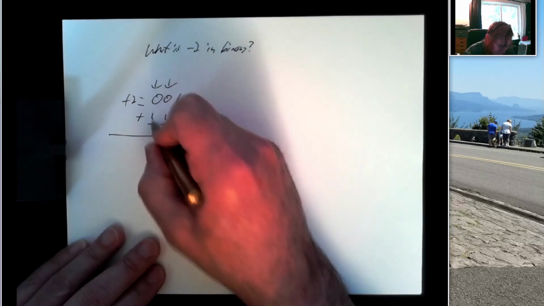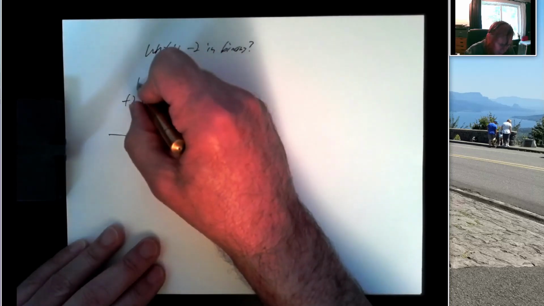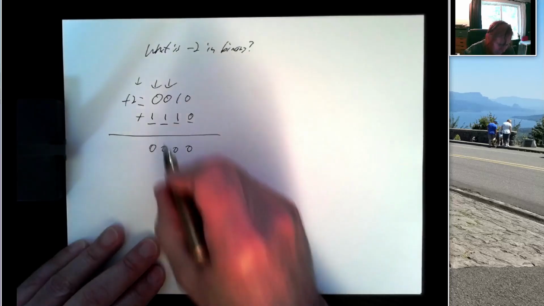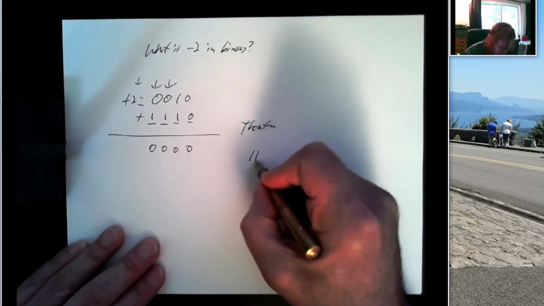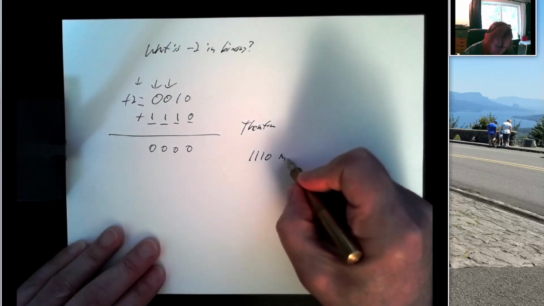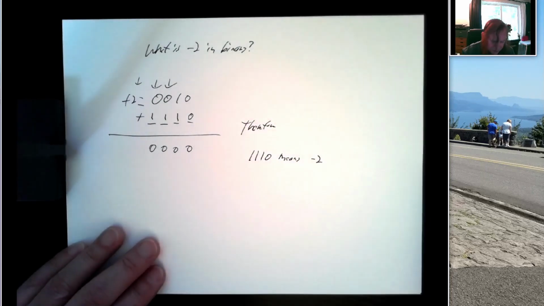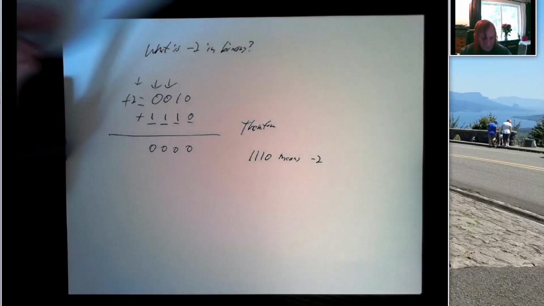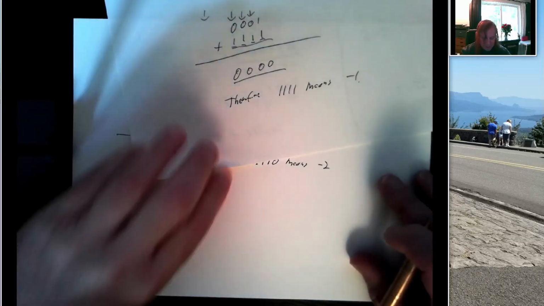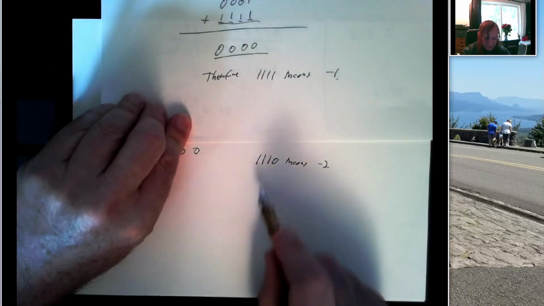And 1 plus 0 plus 1 will get us a 0 with that final carry. So therefore, 1110 means negative 2. So we've got 1111 to mean the number negative 1, and we've got 1110 to mean the number negative 2.